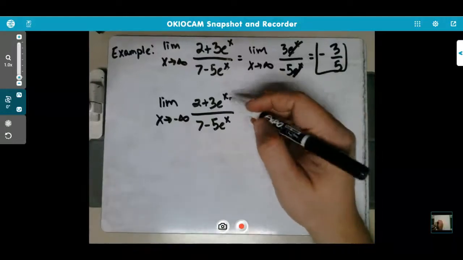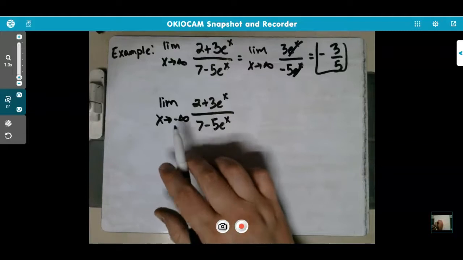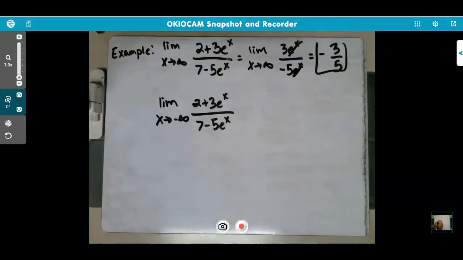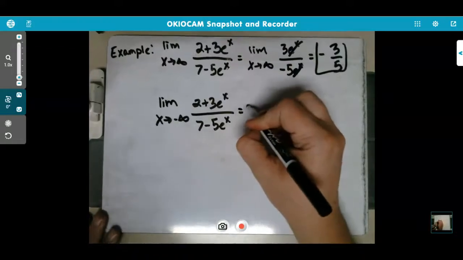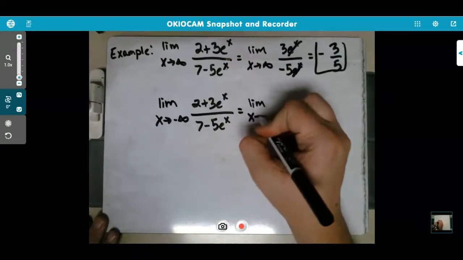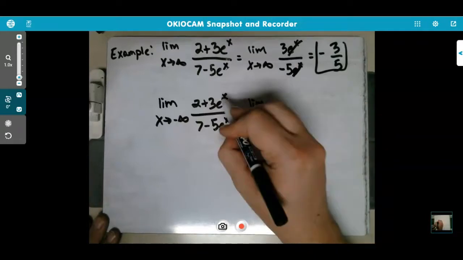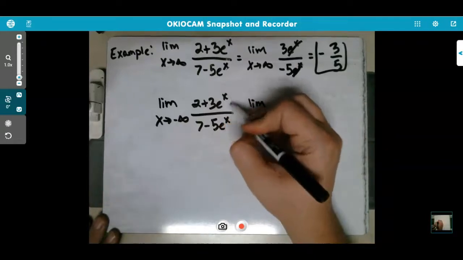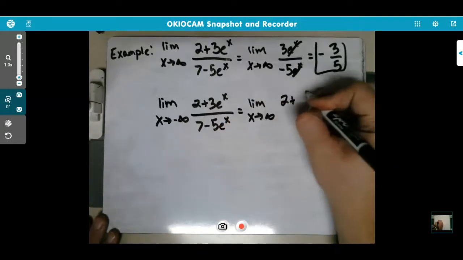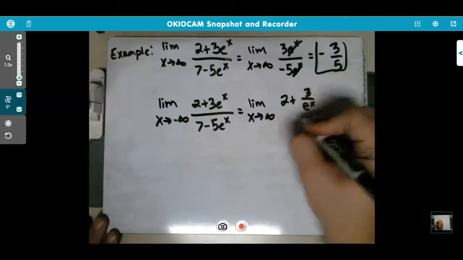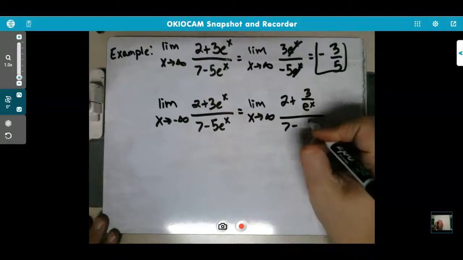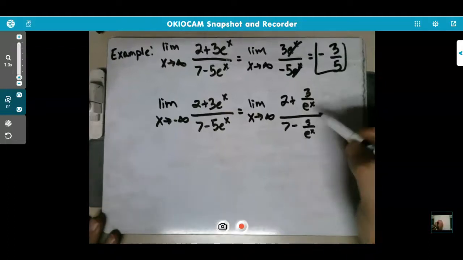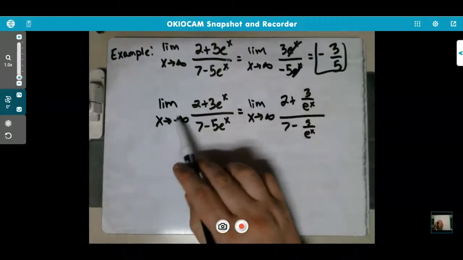If I want to make this positive, because that's not as hard to work with, I can make this positive, limit as x goes to positive infinity. And since this is in a power, I can put it in the denominator. So 3 over e to the x, 7 minus 5 over e to the x. Again, I can do that because I'm making my power the negative.